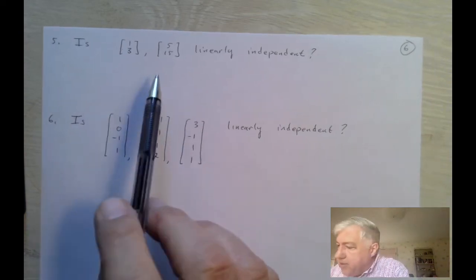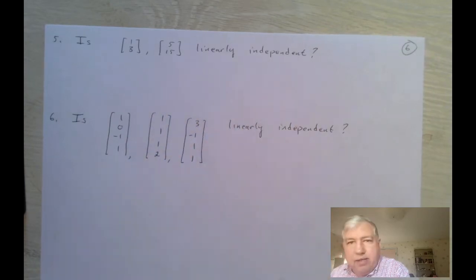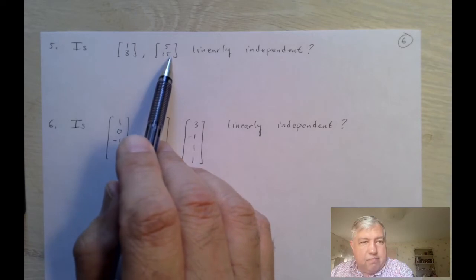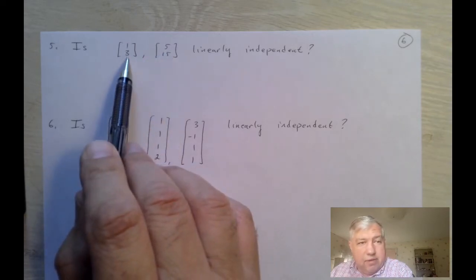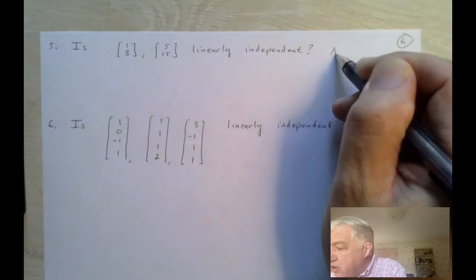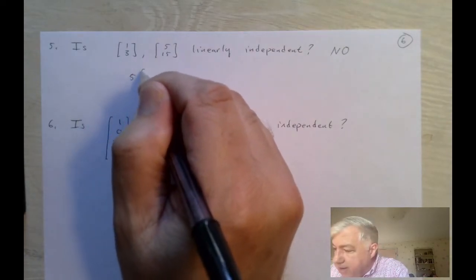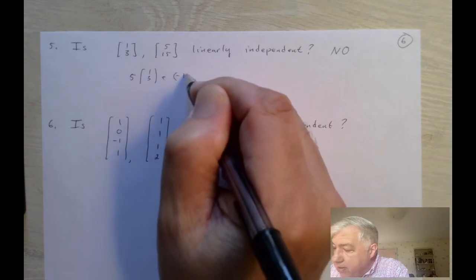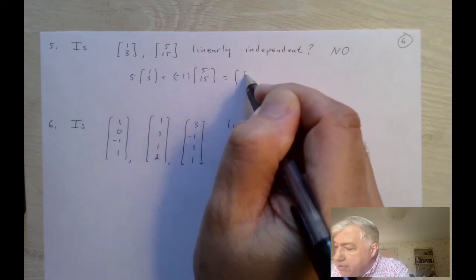In example number 5, are (1, 3) and (5, 15) linearly independent? Well, you can clearly see that this is 5 times this vector. So they're scalar multiples, and we can automatically say that the answer is no, they're linearly dependent, because we can write 5 times (1, 3) plus negative 1 times (5, 15) equals (0, 0).